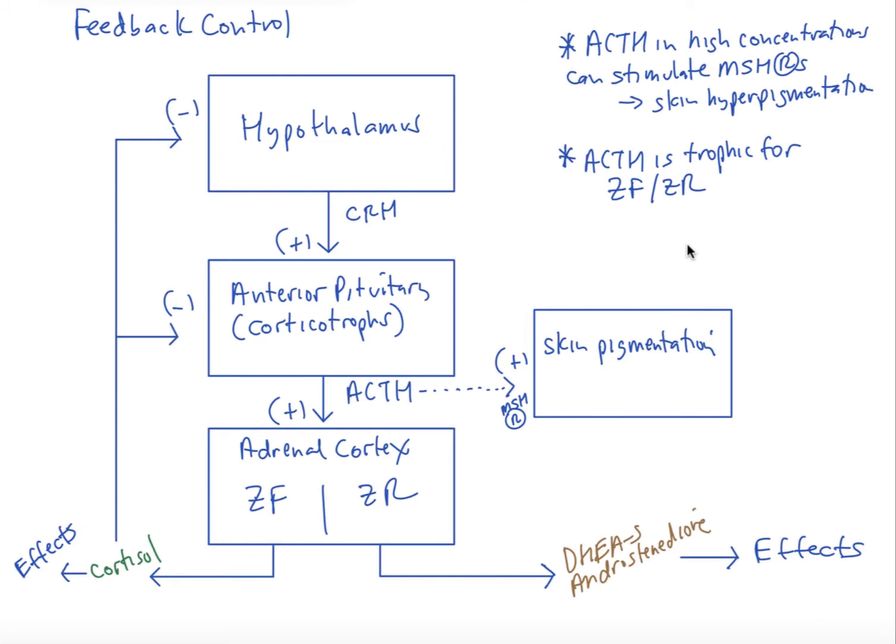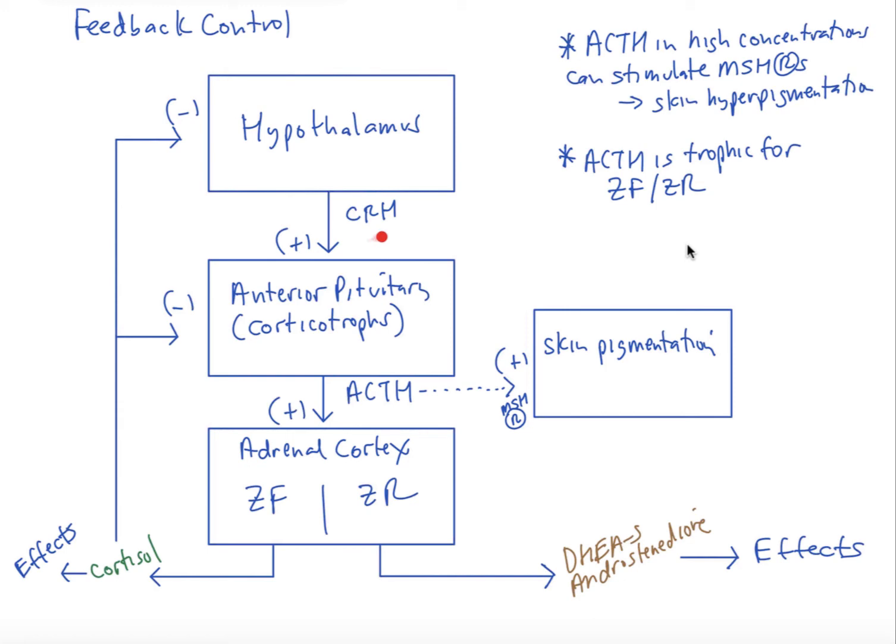If we look at the feedback control, we have a feedback loop here with hypothalamus up top, anterior pituitary corticotrope right here, and the adrenal cortex with the 2 zones, zona fasciculata and zona reticularis, without the zona glomerulosa shown, which makes aldosterone, that's a separate feedback system.